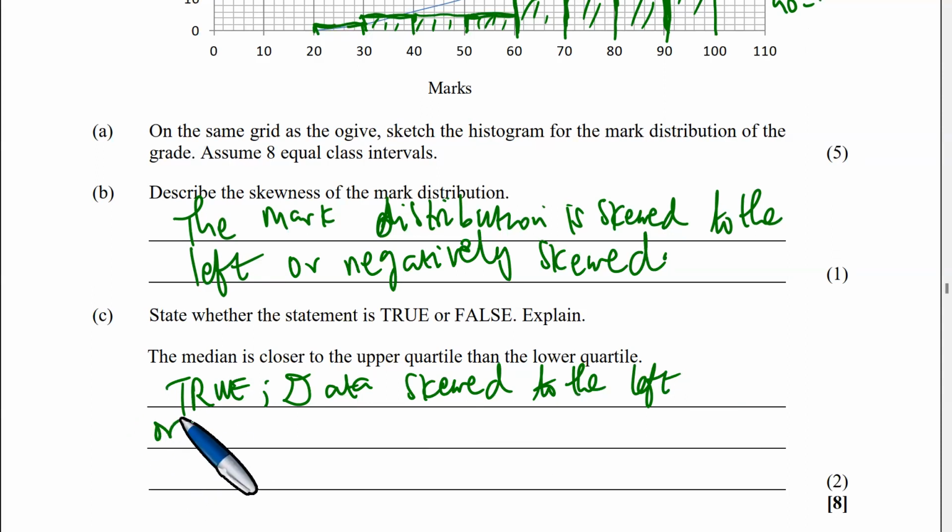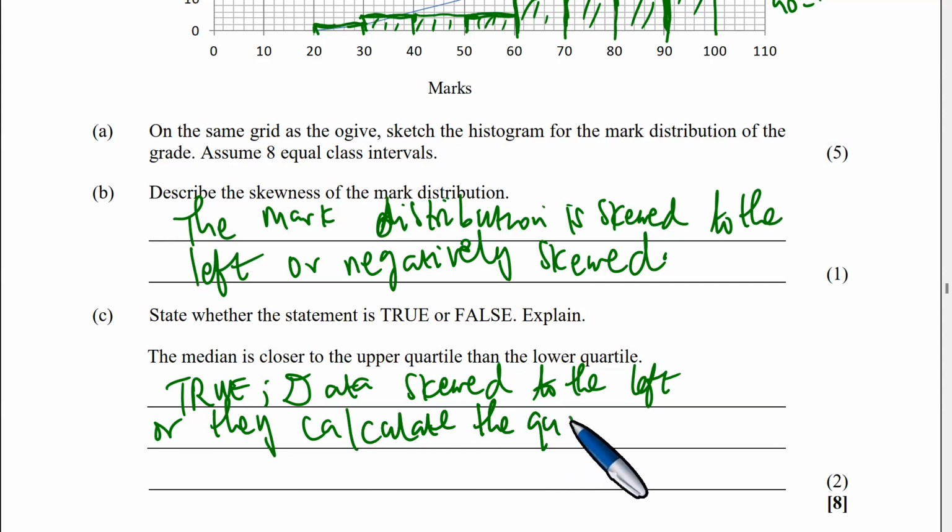If you want to say the data is skewed to the left, you can calculate the quartile values and make a decision.